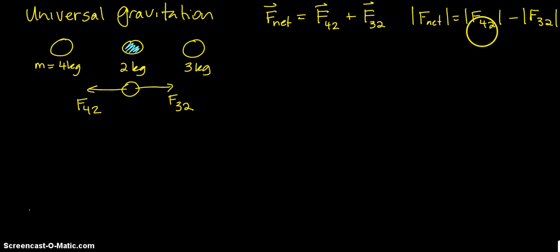Because the 4 is a larger mass, I'm pretty sure that the magnitude of the force by the 4 on the 2 is going to be greater than the force by the 3 on the 2, and so my net force is going to be positive in magnitude. And since I know that the force of the 4 on the 2 is directed to the left, I know that my net force is going to be to the left.